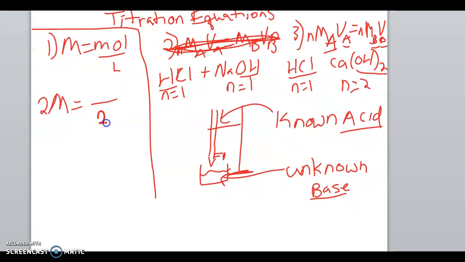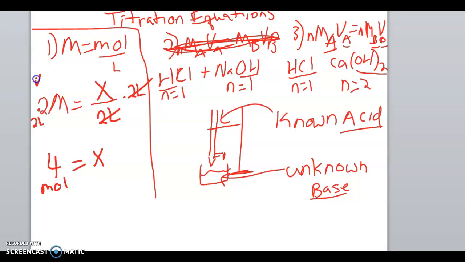I want to know how many moles of acid are in that container. I could just solve for x by multiplying each side by 2 liters. 2 times 2 is 4, so 4 equals x. So I found out that my moles, because that was the x, is 4 moles of acid.